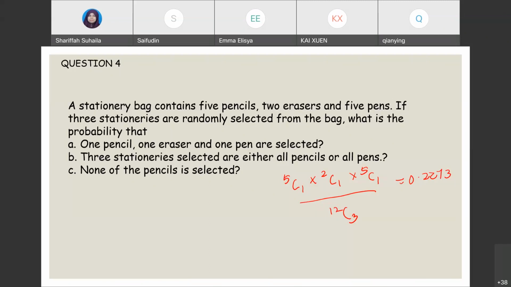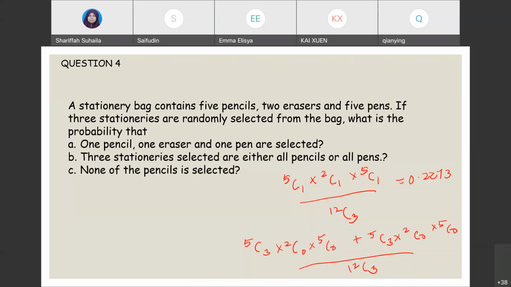So again, here, kalau let's say you have 5 pencils, so 5 choose 3, so the rest choose 0. Or again, pens pun kita ada 5 juga, so samalah ya. So 5 choose 3, 2 choose 0 times 5 choose 0 divided by 12 choose 3. So you get the answer for that one. It's 0.0909.